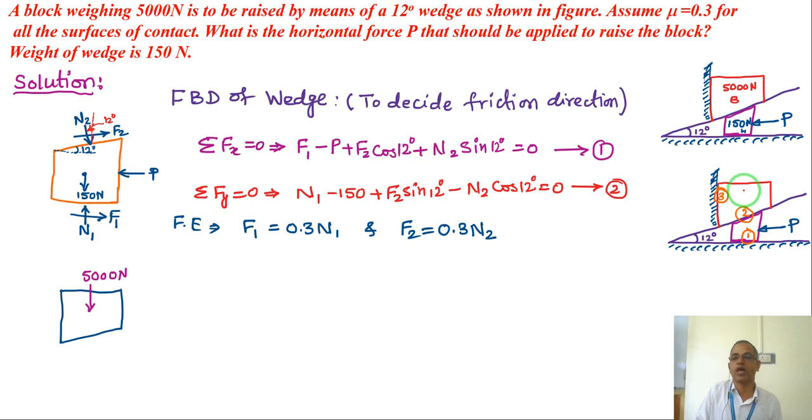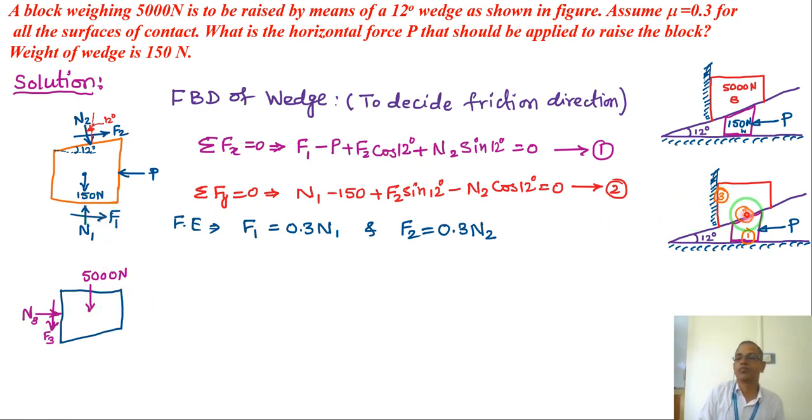Before that, it has the weight which is 5000 Newton, and between the wall and the block there is a normal force N3, and since the block has to move upward, friction force will be going downward, right? Friction force comes down.